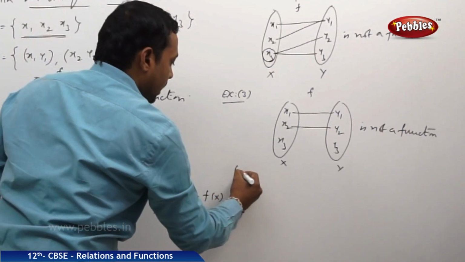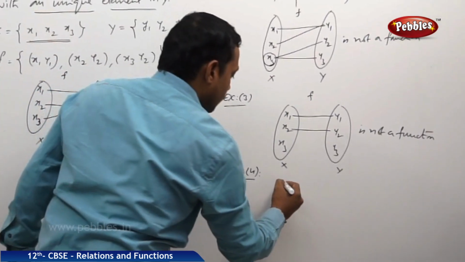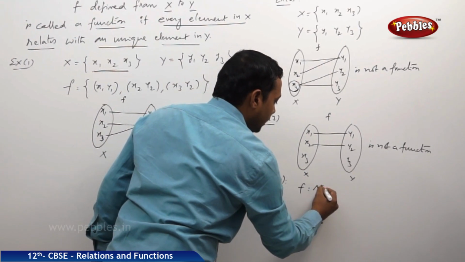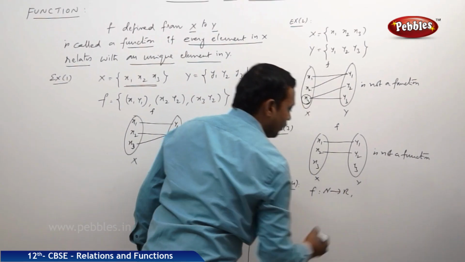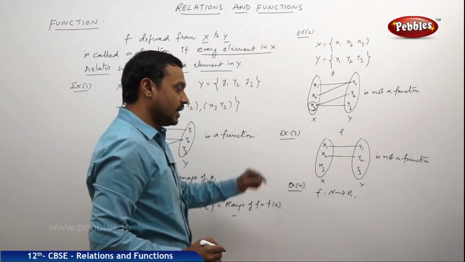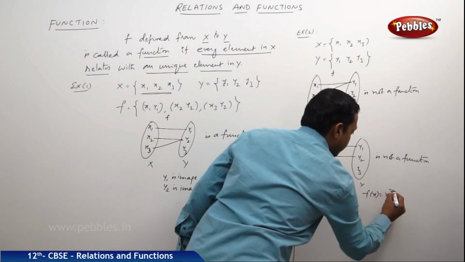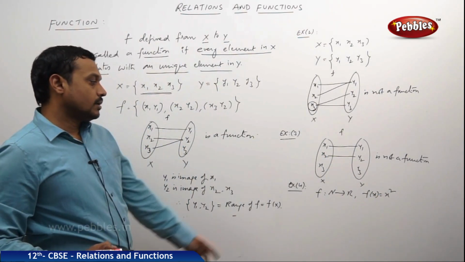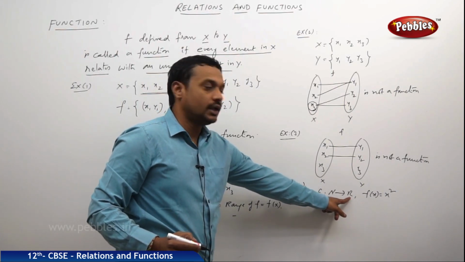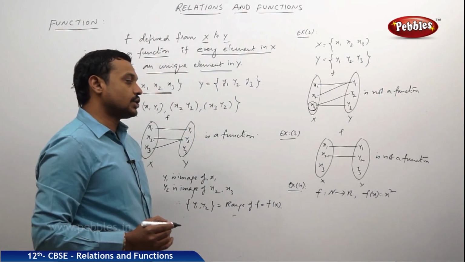And take one more simple example. Suppose a relation f is defined from N to R, where N is the set of natural numbers and R represents the set of real numbers, such that f of x is equal to x square.